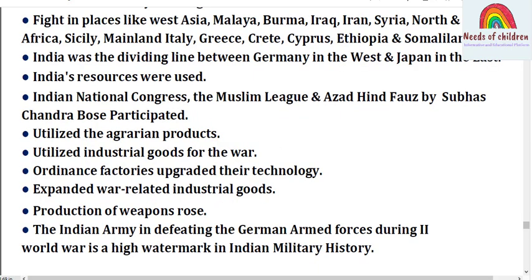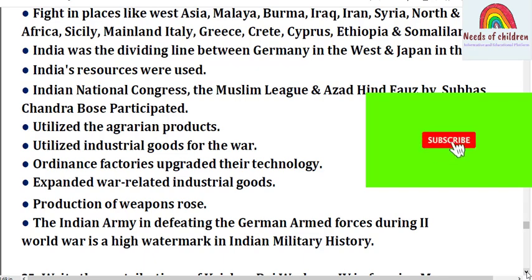The dividing line between Germany in the west and Japan in the east. India's resources were used. The Indian National Congress, the Muslim League, and Azad Hind Fauj by Subhash Chandra Bose participated. They utilized the agrarian products and industrial goods for the war, ordnance factories upgraded their technology, war-related industrial goods expanded, and production of weapons rose.